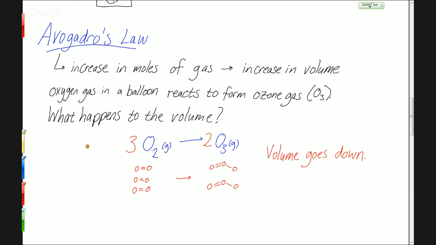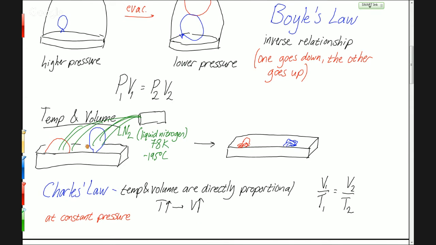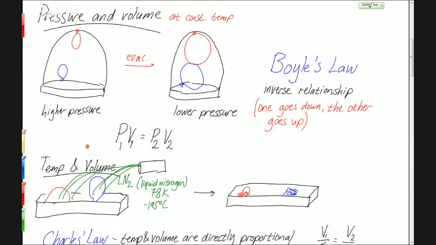Can you explain once again Boyle's law? Boyle's law tells us that there's an inverse relationship between pressure and volume. So one goes up, the other goes down. That's really all there is to it.